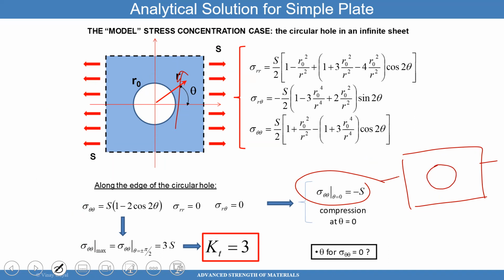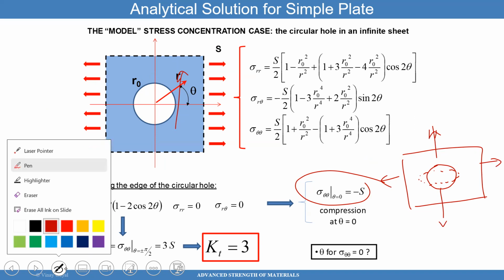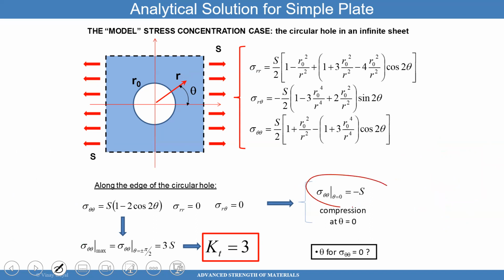A little bit better. I apply a far field stress. What happens to the hole is the hole elongates, but in this direction, it's going to contract. In the other direction, it's extending. So it makes sense to me that this stress is negative S.